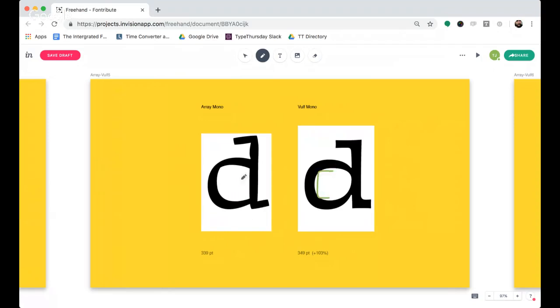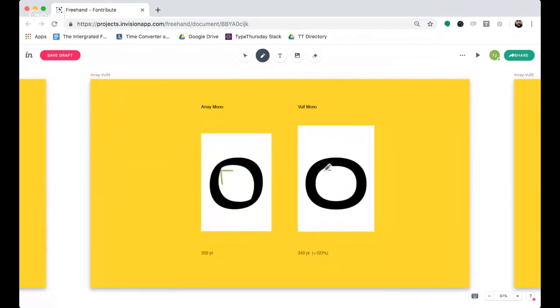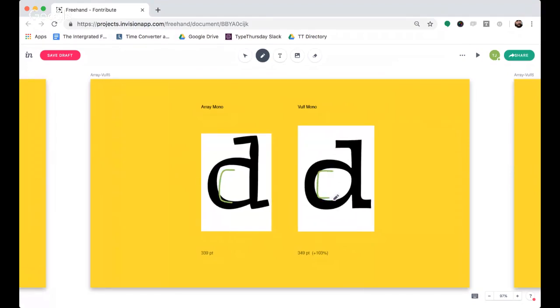the left side of the counter appears to mirror some properties of the O in both cases. Basically, you see the joint system here, and this kind of rectangular squircle effect in Array Mono, while the right side seems to be, again, a new vocabulary idea.